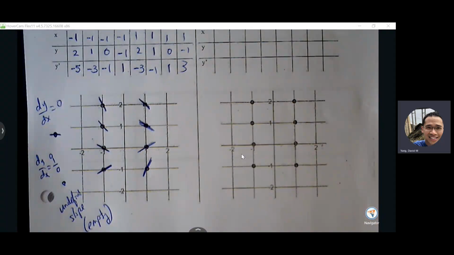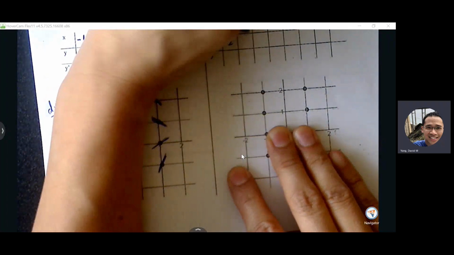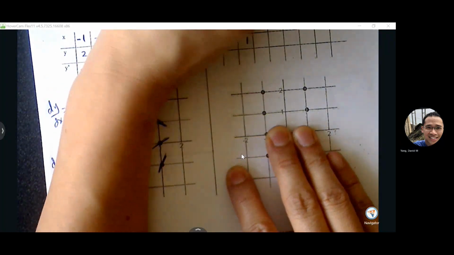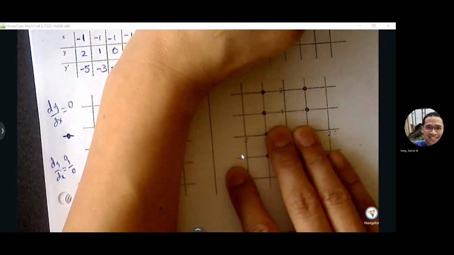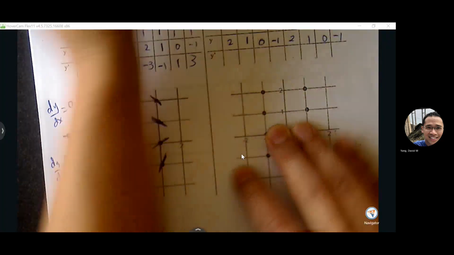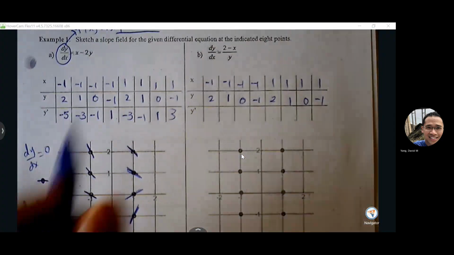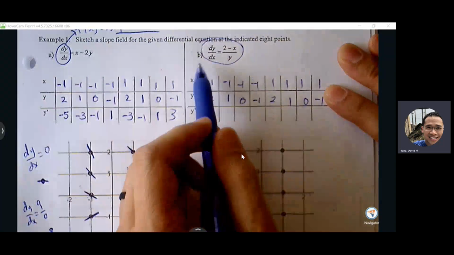All right, so let's see if we can try part B here. Let me put the ordered pairs in a certain order so it's easier for you to check your answers. And I want us to keep reminding ourselves that we know this notation, okay?